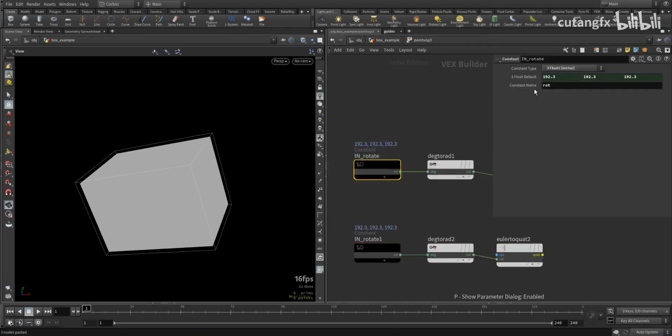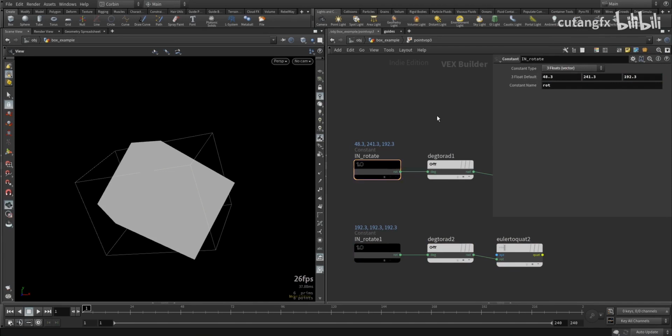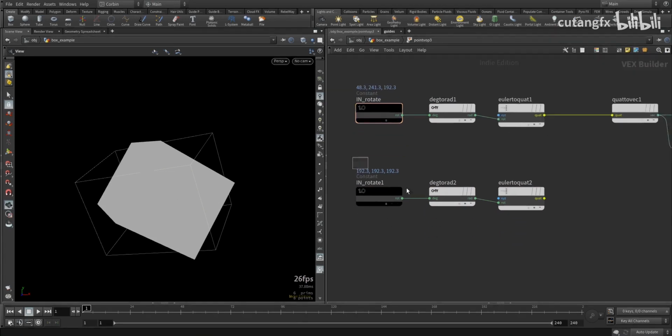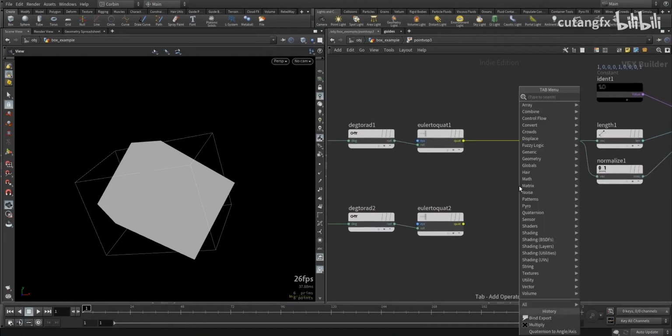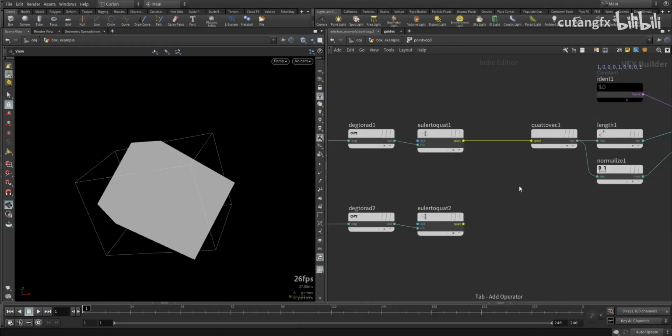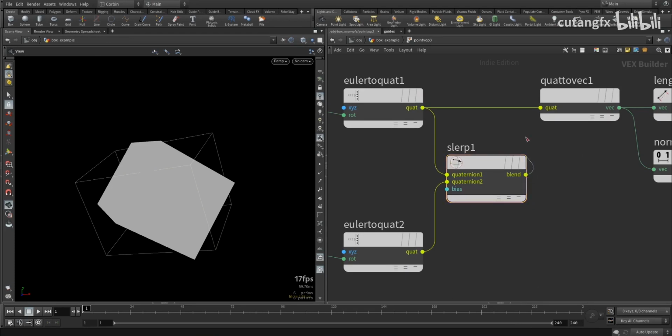So let me just take this one and I'll break it and do some different rotations. So I've got some rotation here, and then I've got the one that's reading from the transforms. We can now use our spherical linear interpolation node. Because we have 2 quaternions, it's nice and smooth rotation blending.